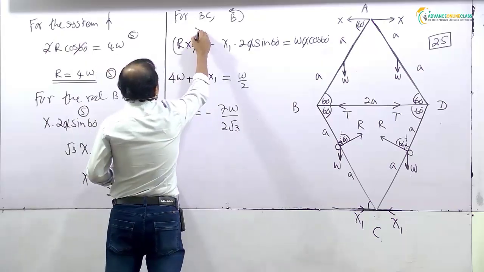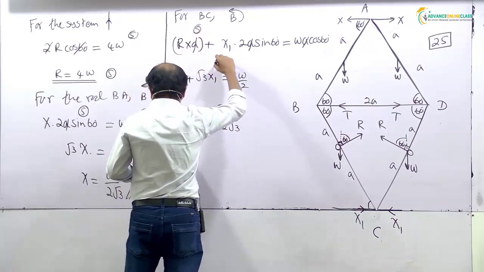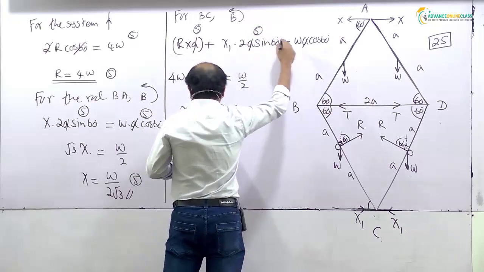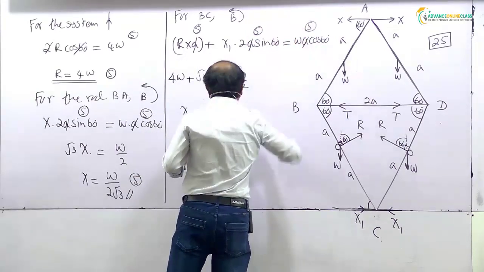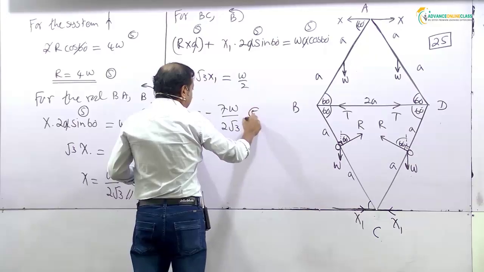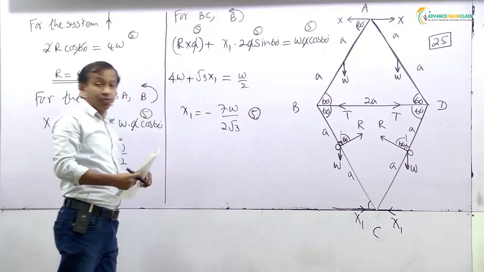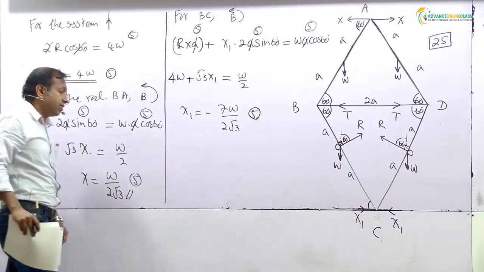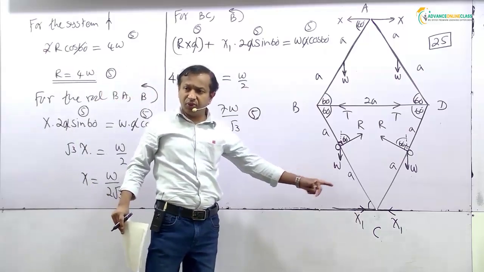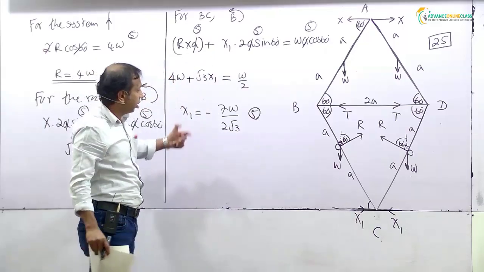And here we get 5 marks. X1 negative means the sense should be opposite. Don't go and change that now, even though we get a minus sign here.